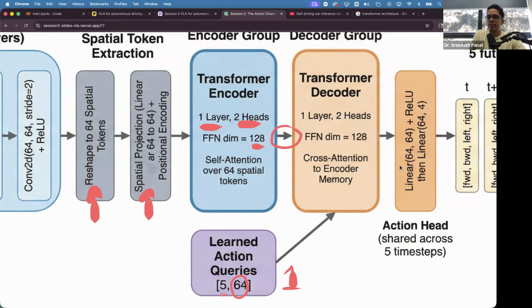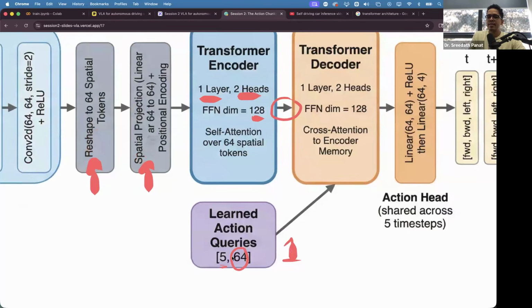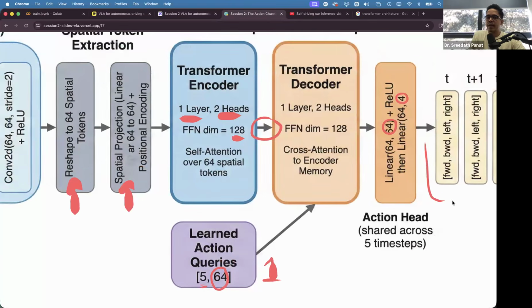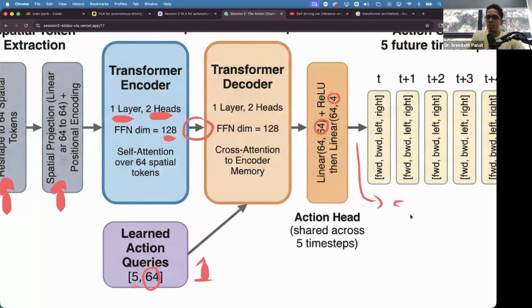And the result will be 5, 64. Why 5, 64? You have 5 action queries, each converted to context vectors of 64 dimensions. Now each of them will be projected using an action head into another 64 dimensional layer, and from there into another 4 dimensional layer. So at the output here, what will we have? We will have 5, 4.